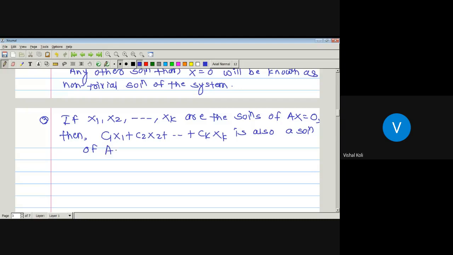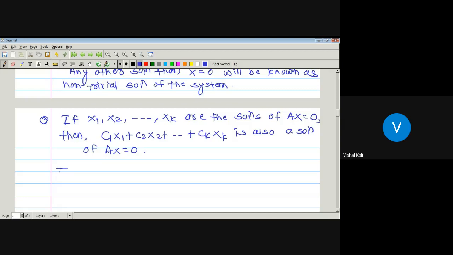So if we have a homogeneous system of linear equations with solutions x1, x2 up to xk, then any linear combination of these solutions is also a solution of the given system.